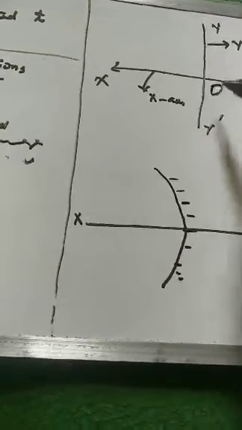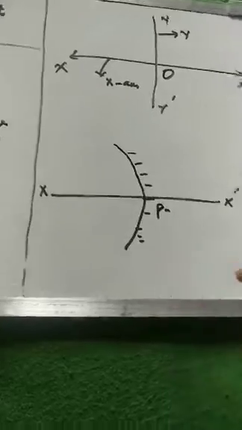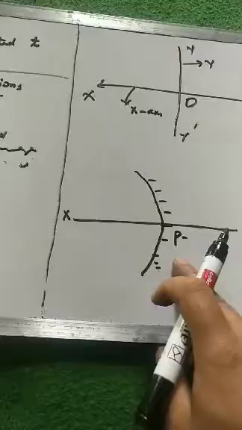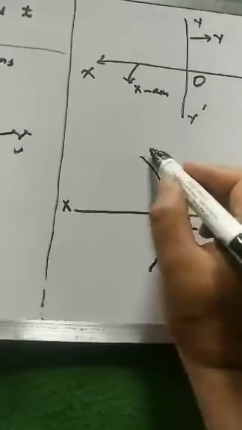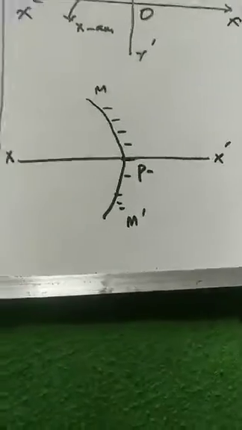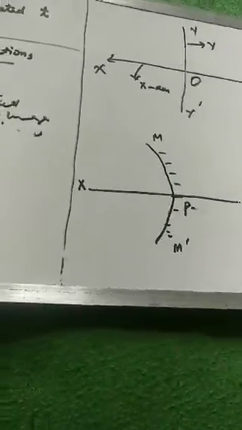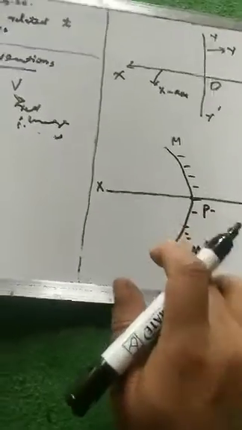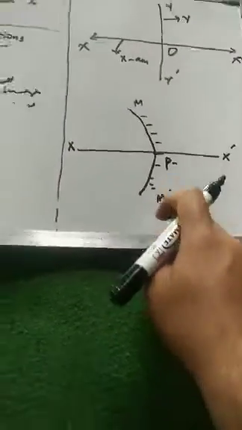In case of new Cartesian sign conventions, P is taken as the origin. This is the first point: the principal axis of the mirror is taken along the x-axis of the rectangular coordinate system, and the pole of the mirror is taken as the origin.